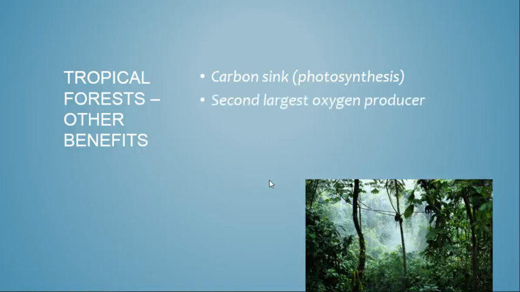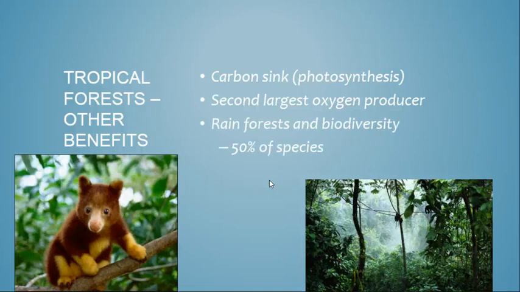Now, the other thing that you want to keep in mind is that the rainforests are the second largest oxygen producer behind the ocean. And so as you cut down trees, you're cutting down oxygen production. And 50% of known species live in rainforests, and there are lots of species that we have not discovered yet. We're discovering them all the time. And one of the big places that we discover new species is in the rainforest.